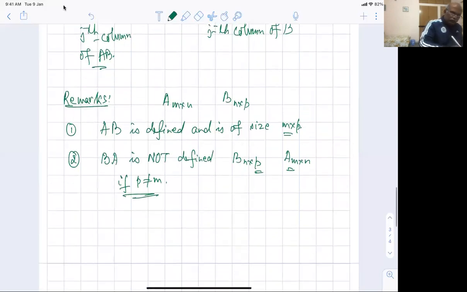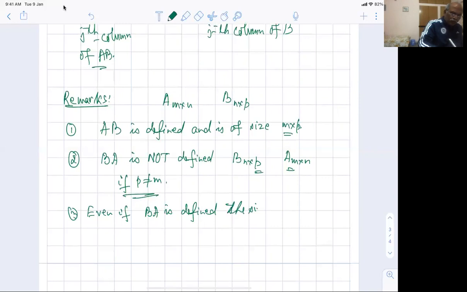Fine. Even if BA is defined, the size of AB and BA need not be the same.